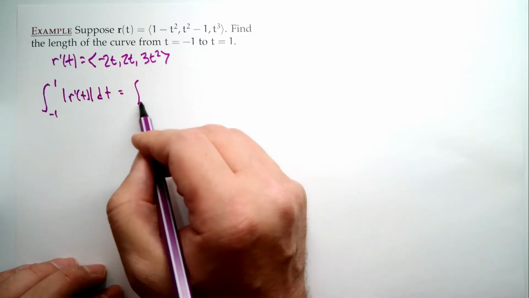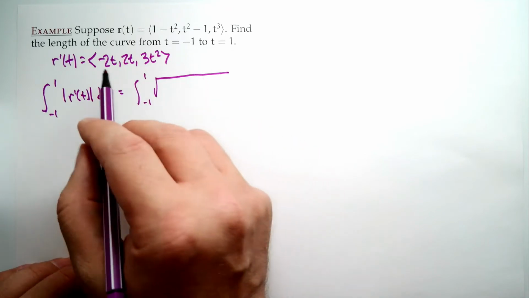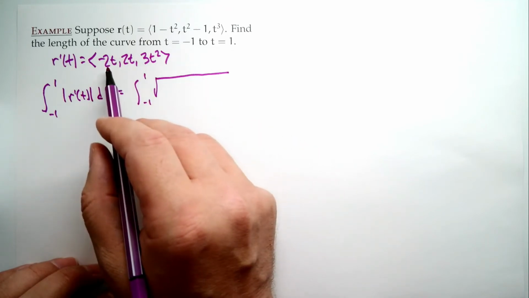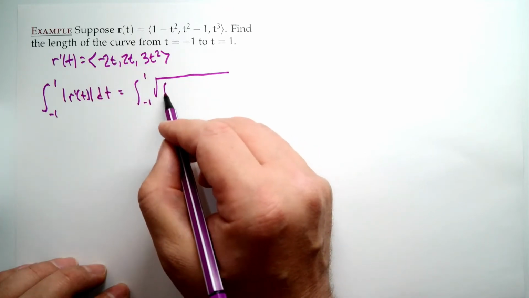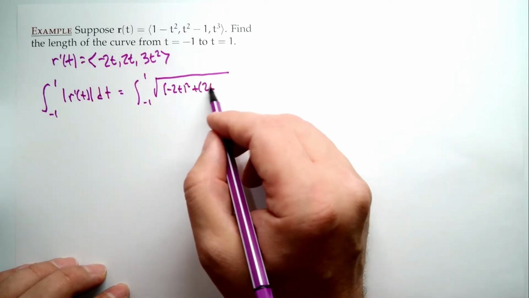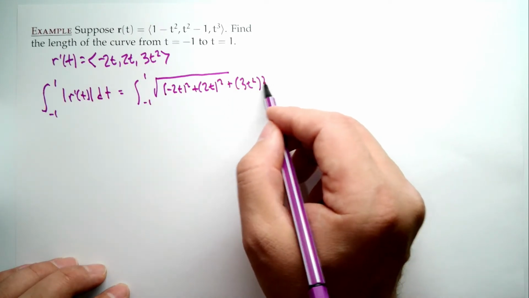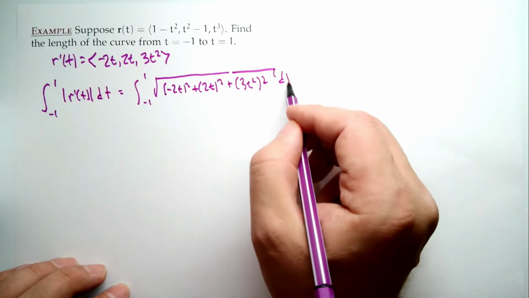Okay, so that's the integral from negative 1 to positive 1 of the square root of, and now we square these things, negative 2t squared plus 2t squared plus 3t squared squared dt.